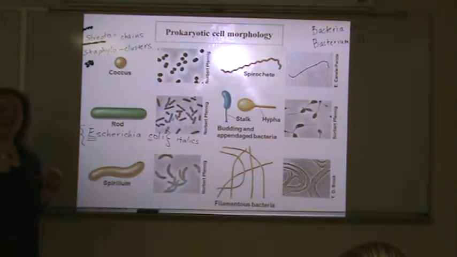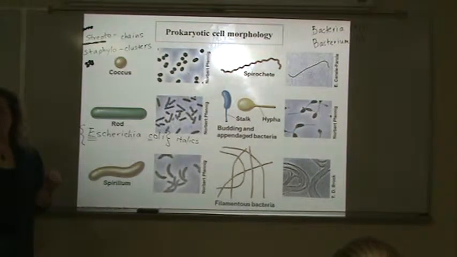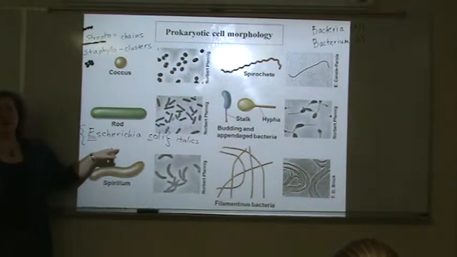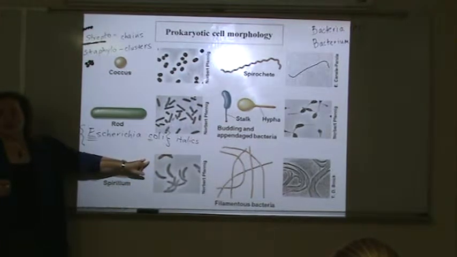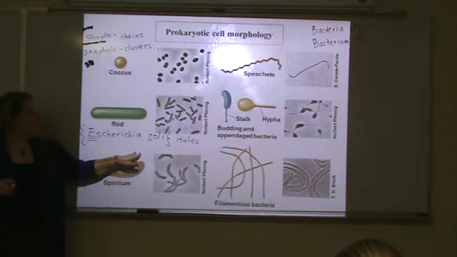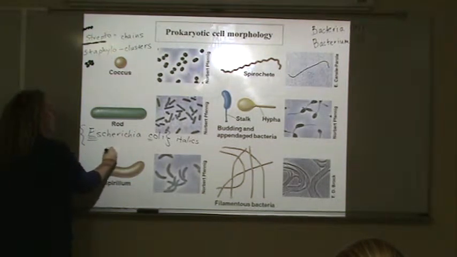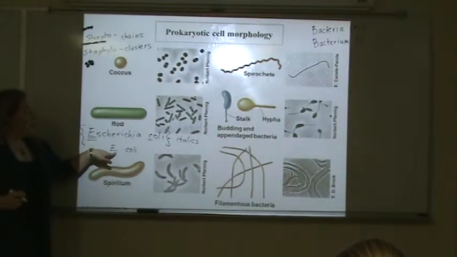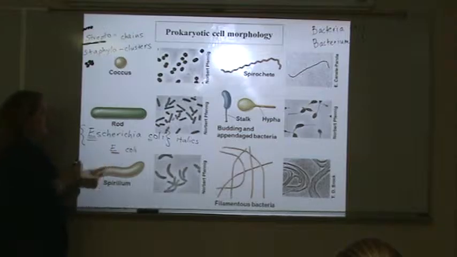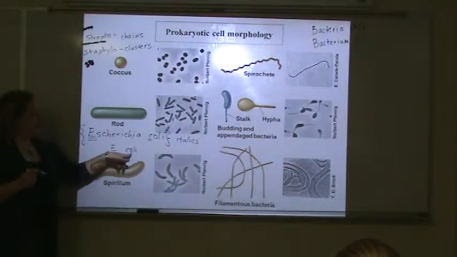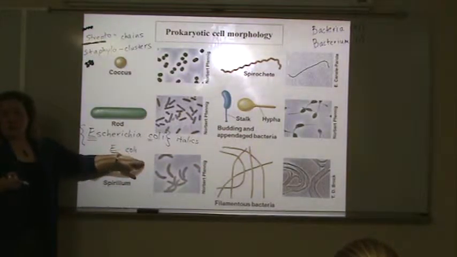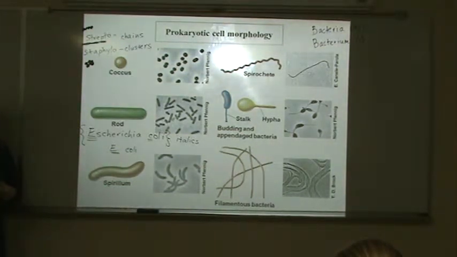If you're writing lab homework, or if you're writing notes, or if I'm writing on the board, I'm not going to write it in italics, but the minute that you type it, it needs to be in italics. So please remember that. There are also certain abbreviations. If you're doing an abbreviation, uppercase genus, period, and then all lowercase species name. And if you're typing that, it should still be in italics.